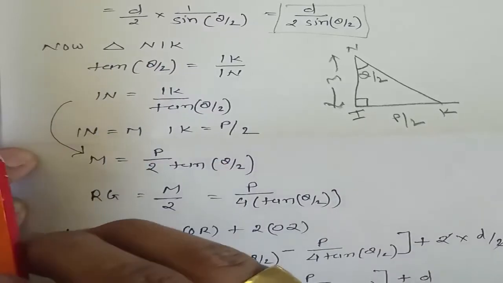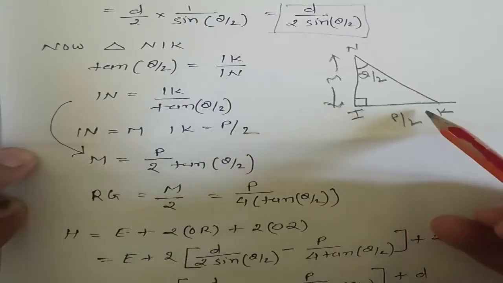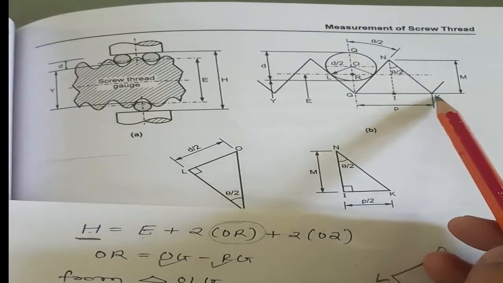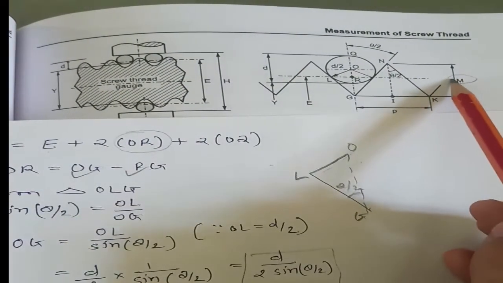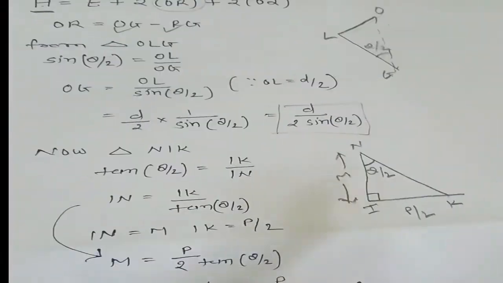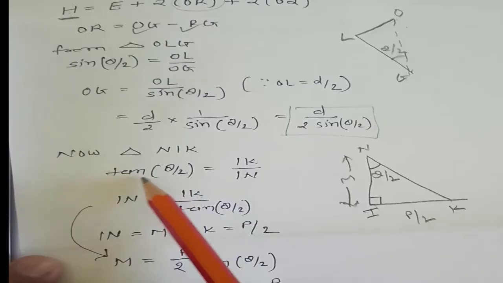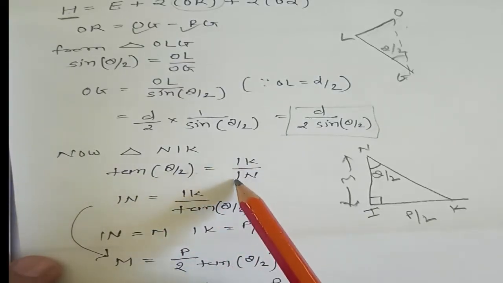Now, to find RG, we have to consider another triangle, NIK, with M as shown. In triangle NIK, tan theta by 2 is equal to IK upon IN.